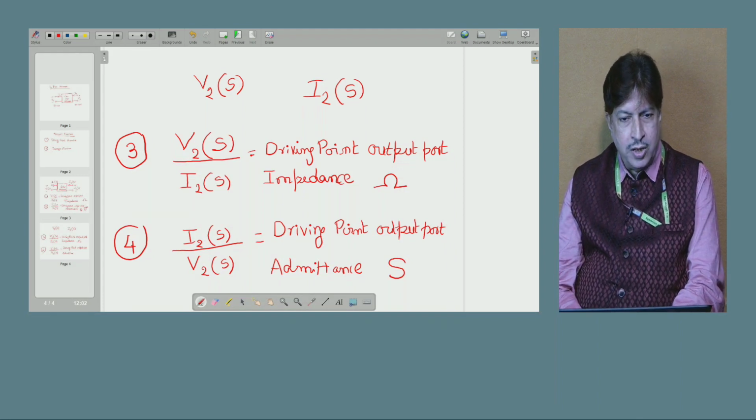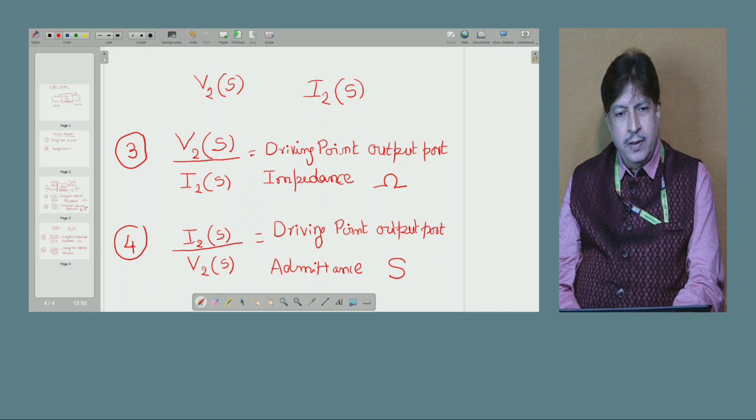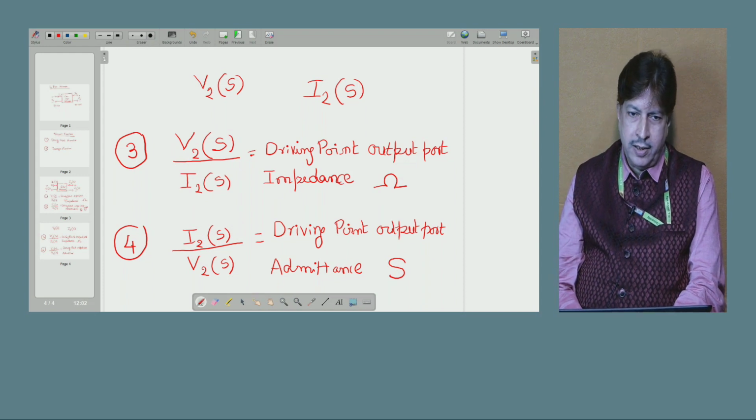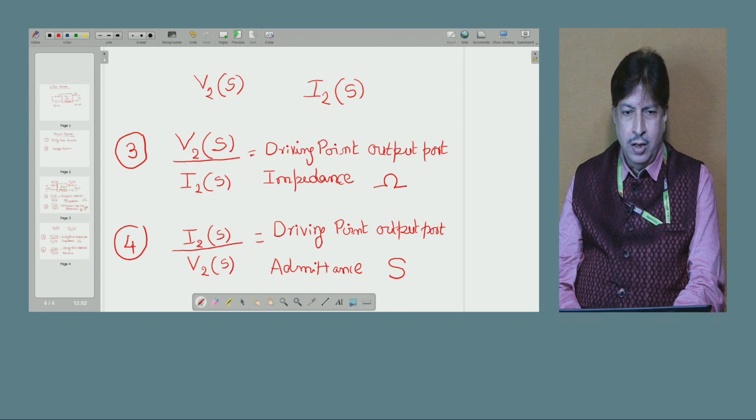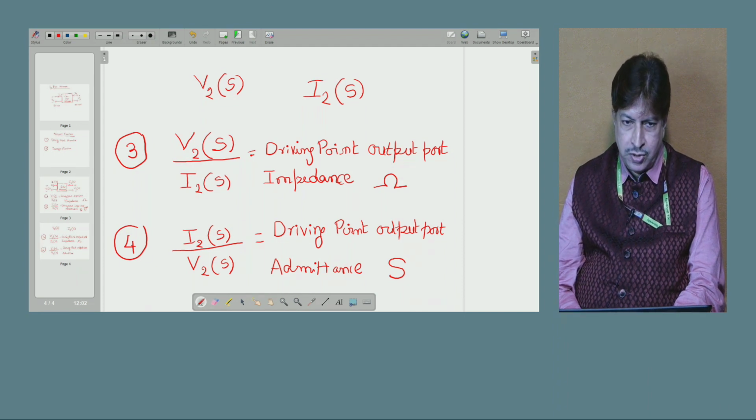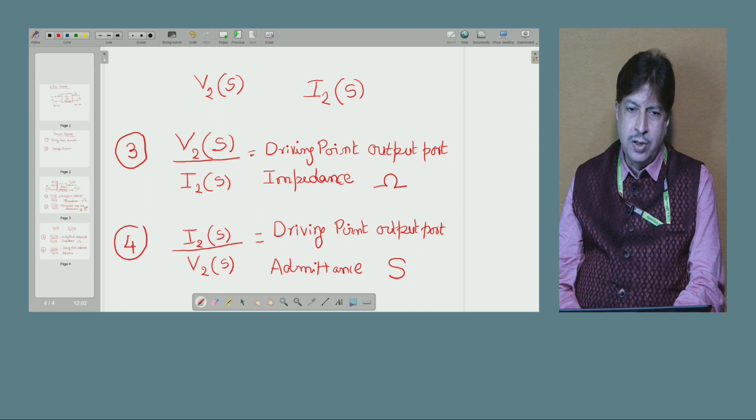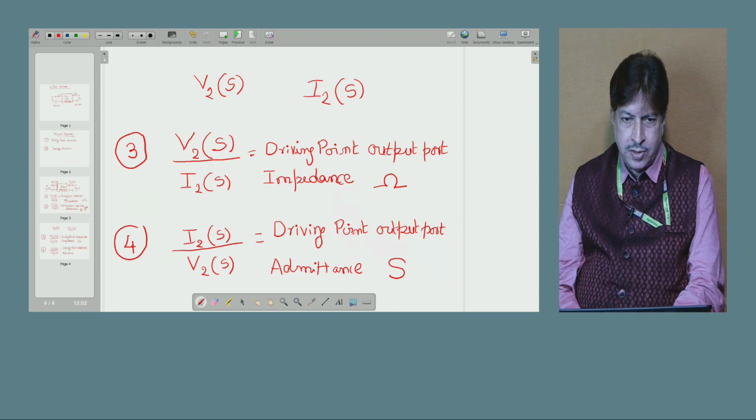So the conclusion here is every two-port network has four driving point functions. One is driving point input impedance, second is driving point input admittance, third is driving point output impedance. Fourth is driving point output admittance.